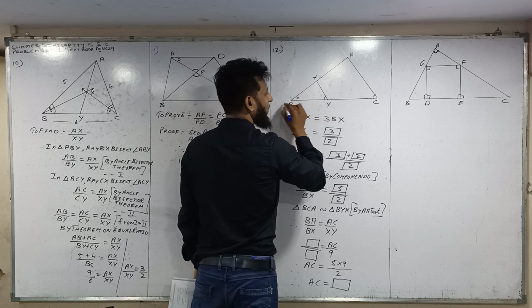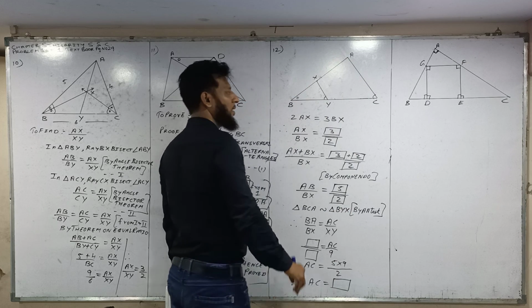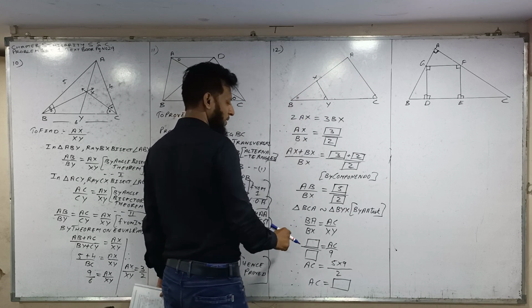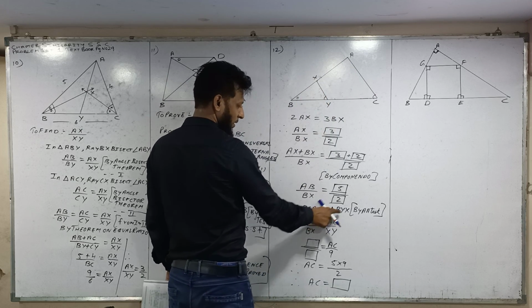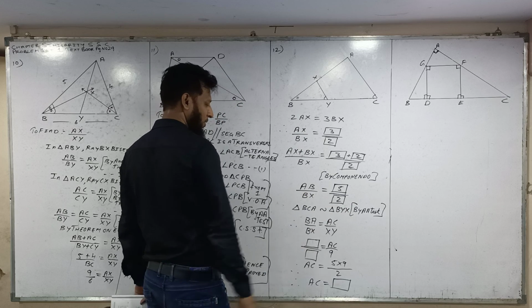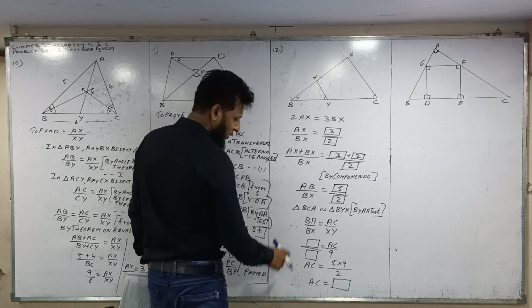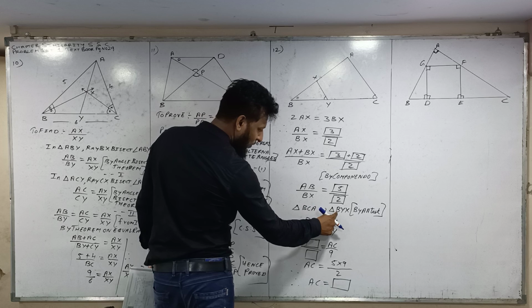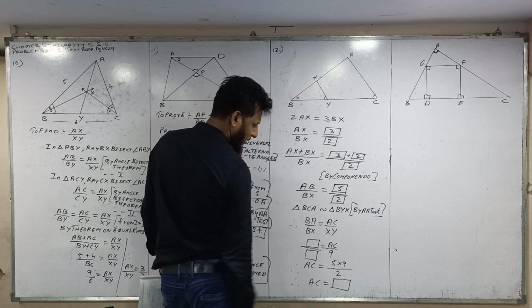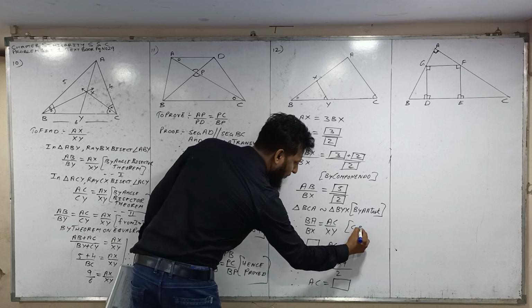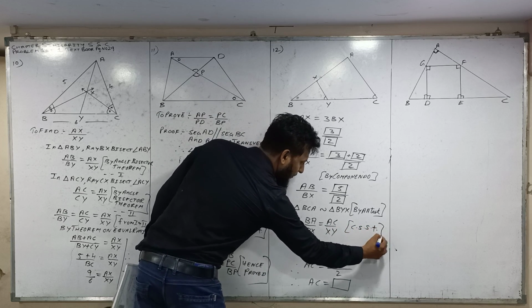So angle BYX is congruent to BCA, corresponding angles, and with the common angle the triangles will be similar, BCA similar to BYX by AA test. Now write the proportional sides: BA proportional to BX and AC proportional to XY, corresponding sides of similar triangles.